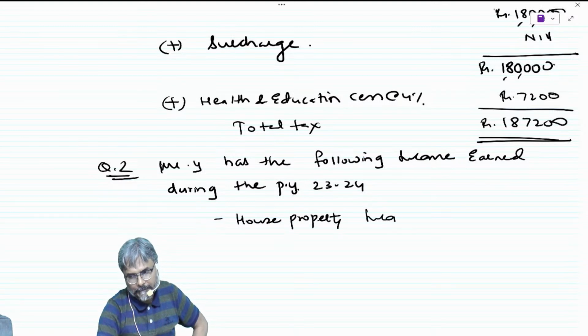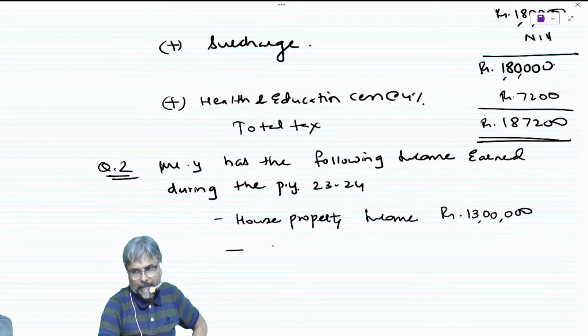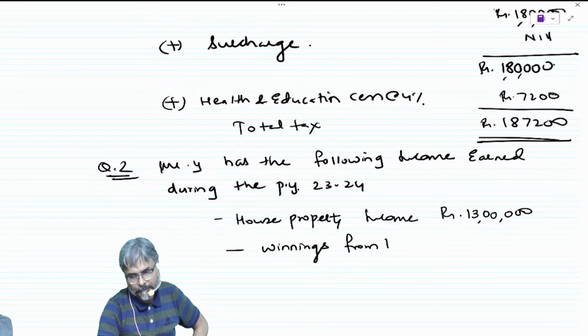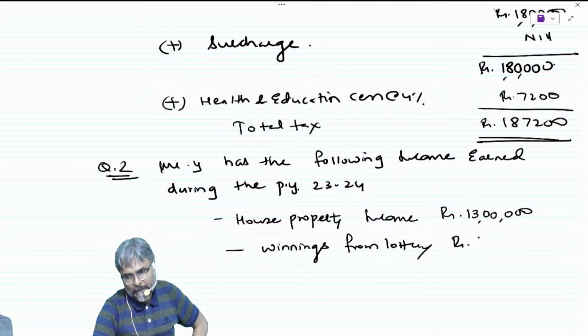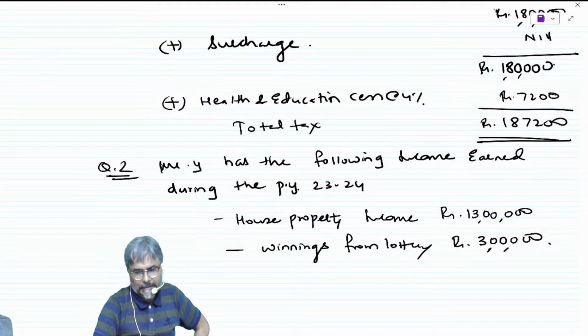House property income rupees 13 lakhs. Winnings from lottery rupees 3 lakhs.